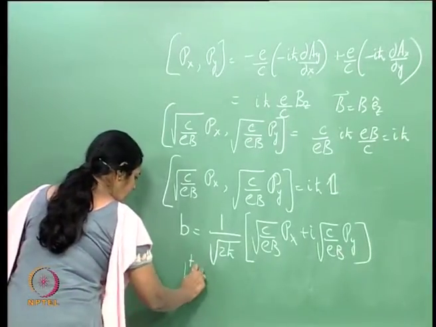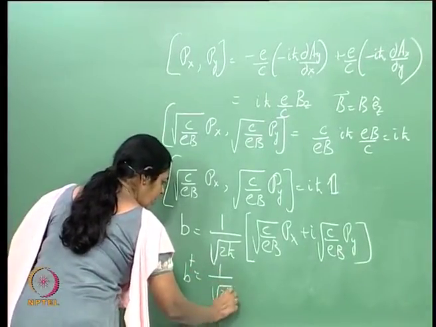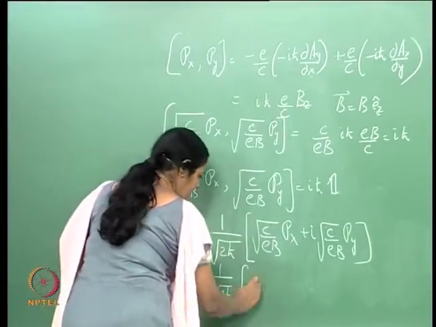Therefore, b dagger is 1 by root of 2ħ, the dagger of this, the Hermitian conjugate.